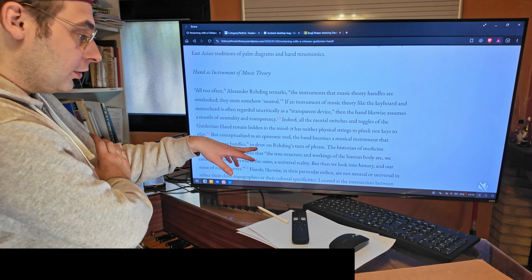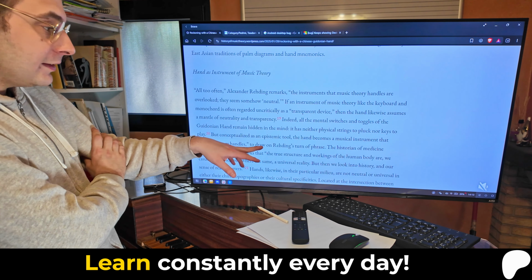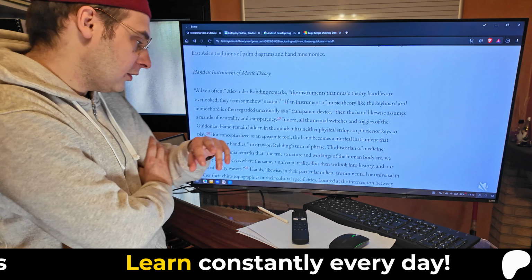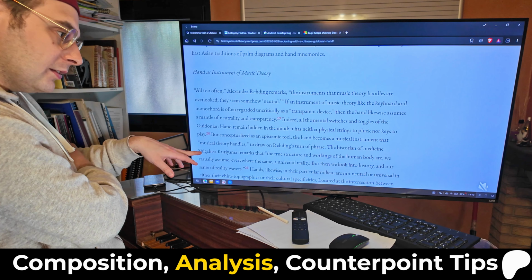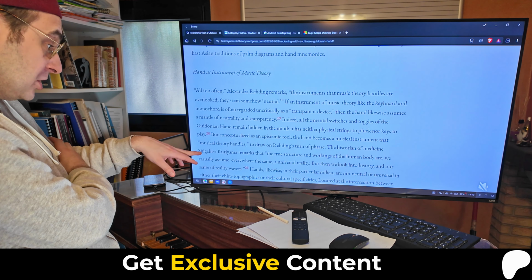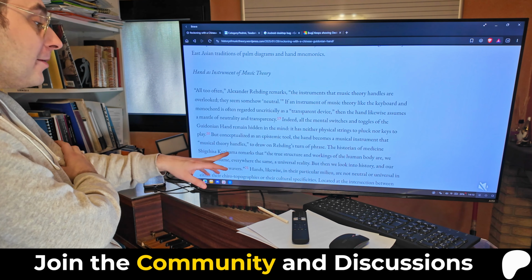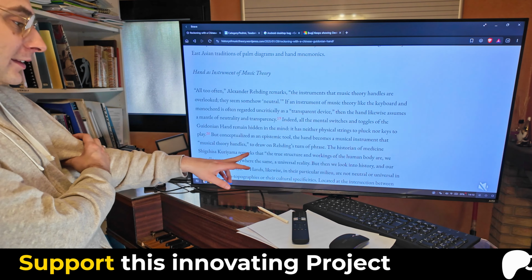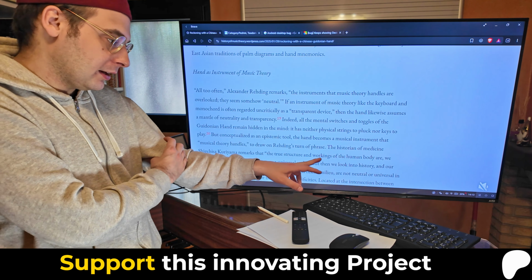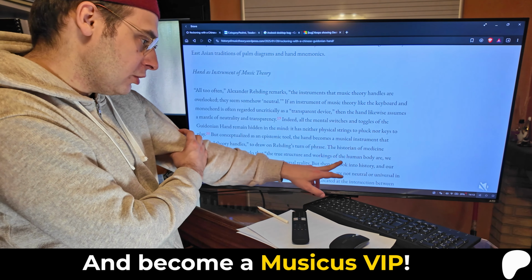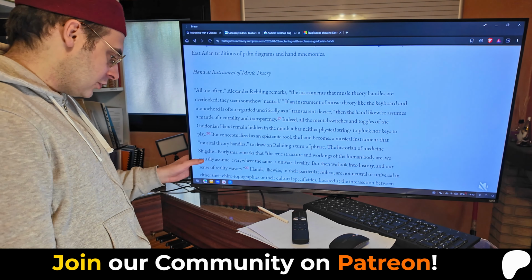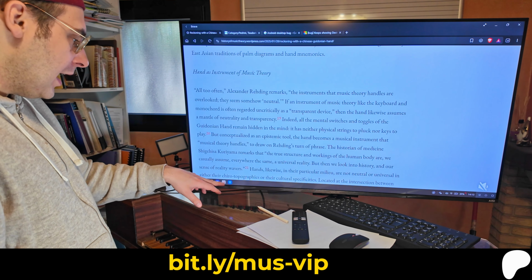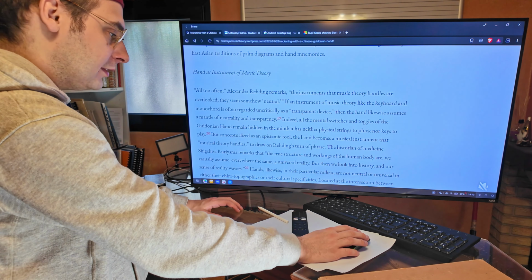To draw on Redding's turn of phrase, the historian of medicine Kuriyama remarks that the true structure and workings of the human body are, we casually assume, everywhere the same, a universal reality.